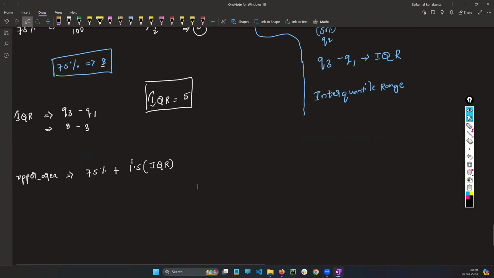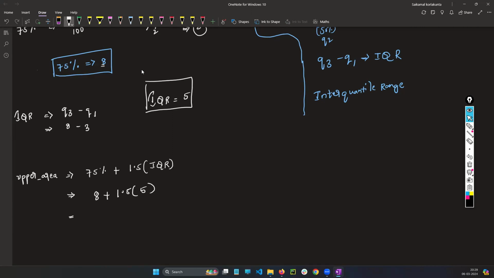If the data is very big, in the place of 1.5 we will take 3. But as of now we'll go with 1.5 because we have very small data. What did we get for the 75 percentile? 8. So 8 plus 1.5 into IQR, which is 5.